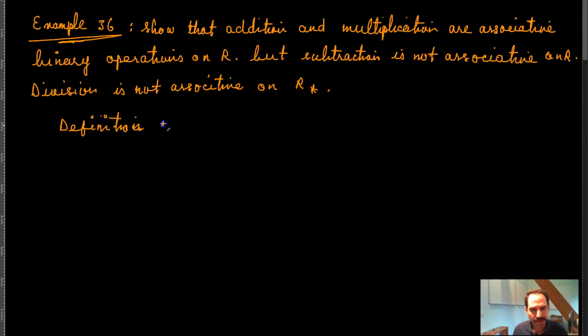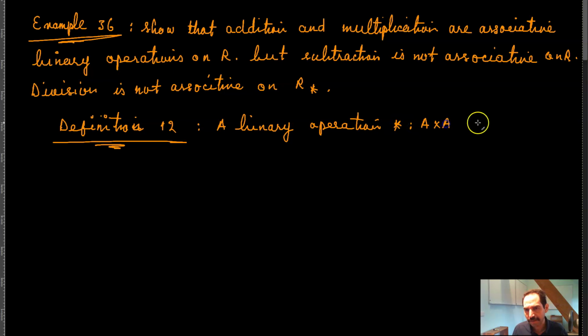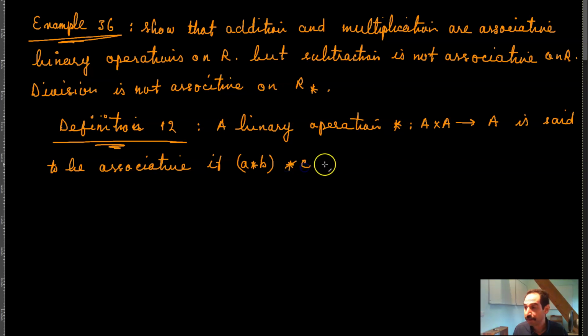A binary operation star on set A is said to be associative if (A star B) star C is equal to A star (B star C) for every A, B, and C belonging to A. This was the definition that we had.